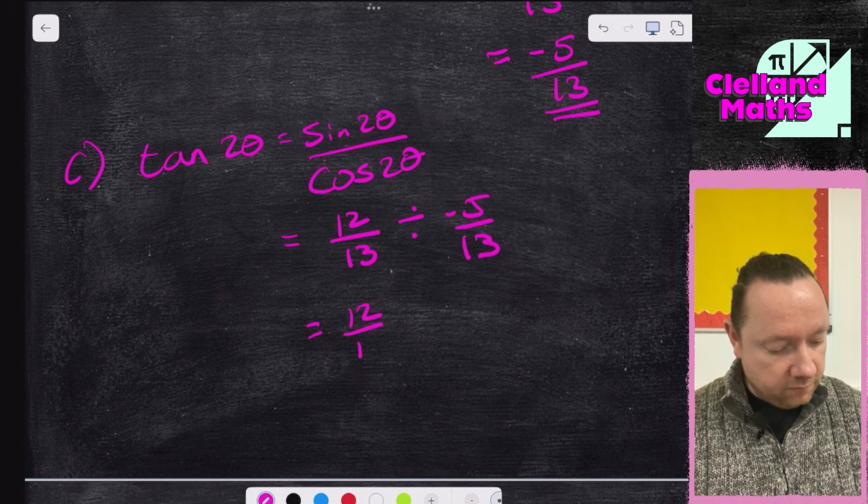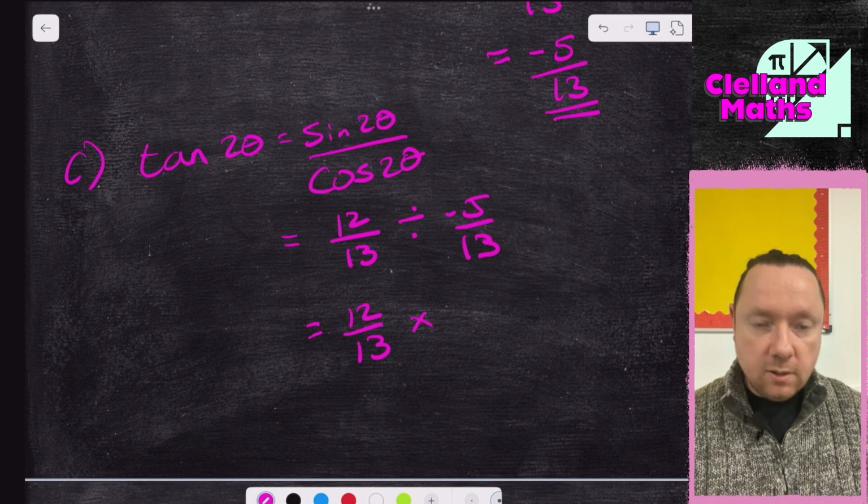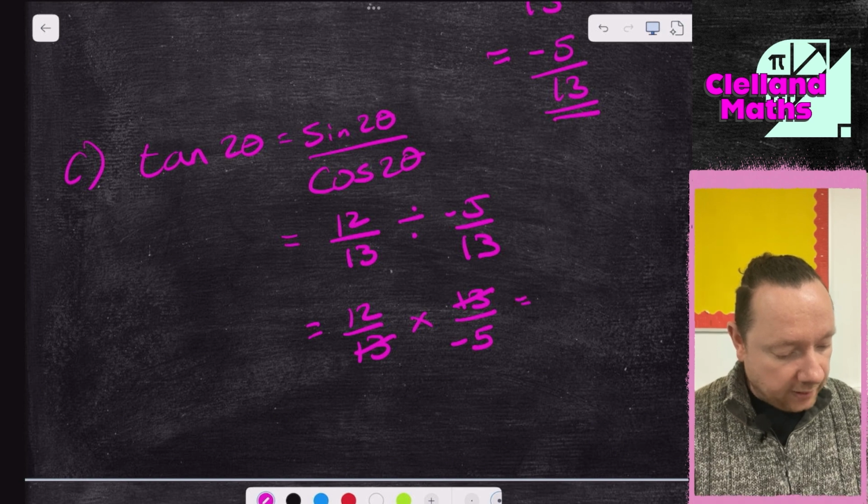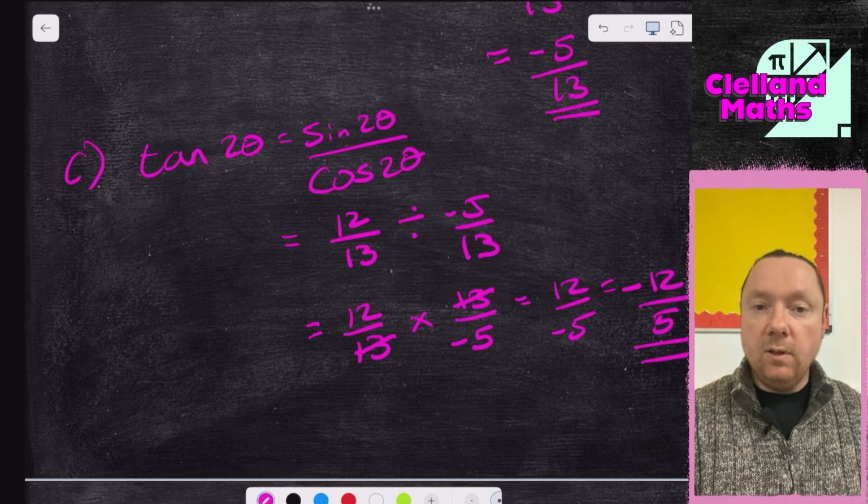That's 12 thirteenths times 13 over minus 5. So the 13s cancel to leave 12 over minus 5. Don't leave a minus on the bottom like I've done though, put it to the side or on the top: minus 12 over 5, and we're done there.